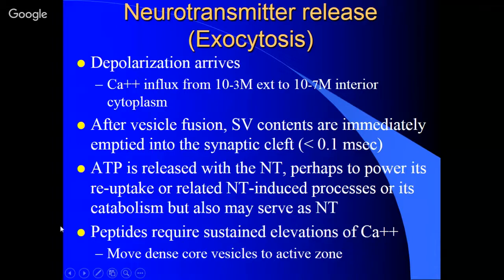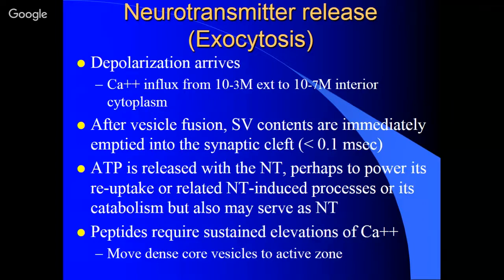The only thing here from this slide that is new is that in order to release peptides, in order to activate the dense core vesicles, which have peptides in them, you have to have a sustained level of elevated calcium. So these quick bursts of calcium, which are typical of neurotransmission with small molecules, won't activate the peptide.